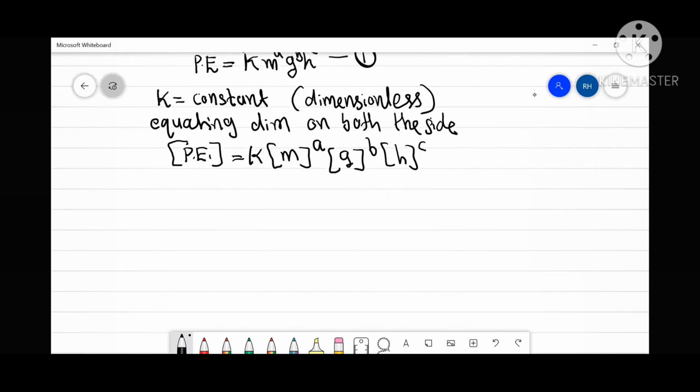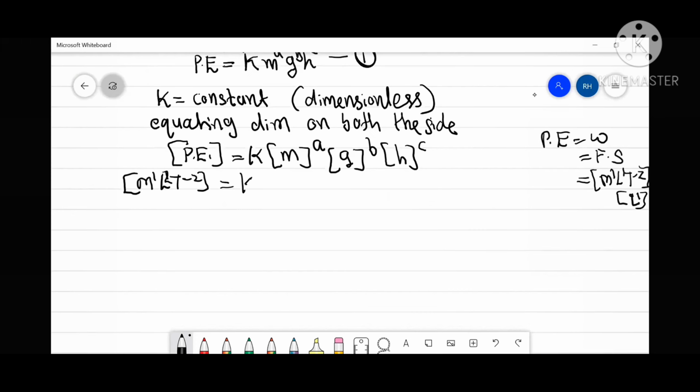The dimension of potential energy is similar to work done, and work done is force into distance. The dimension of force we already know: M raised to 1, L raised to 1, T raised to -2, and distance is L raised to 1. That's why the dimension of the potential energy becomes M raised to 1, L raised to 2, and T raised to -2.